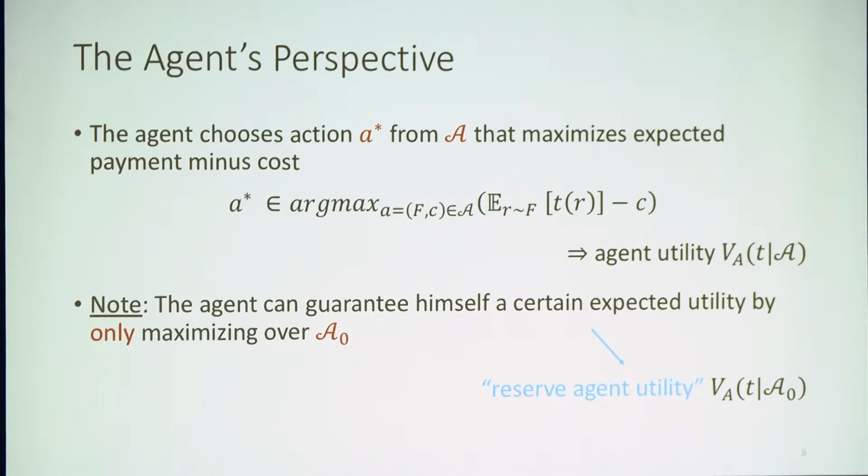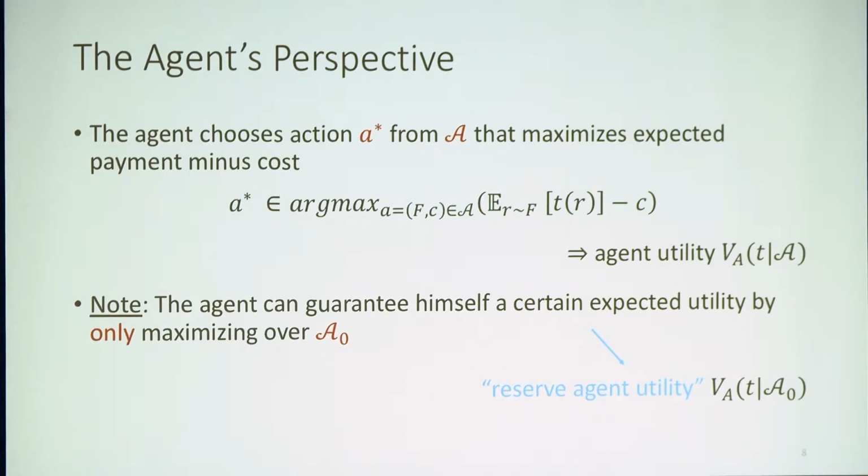Because, for the problem above, he's maximizing over all possible actions A from this larger set A. What he could do instead is just optimize over A0, which is a subset of A, and this will be a lower bound on the utility or value that he can achieve.